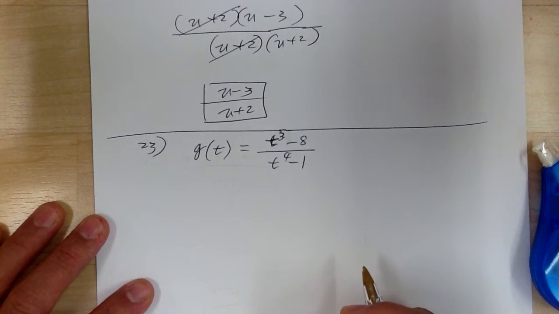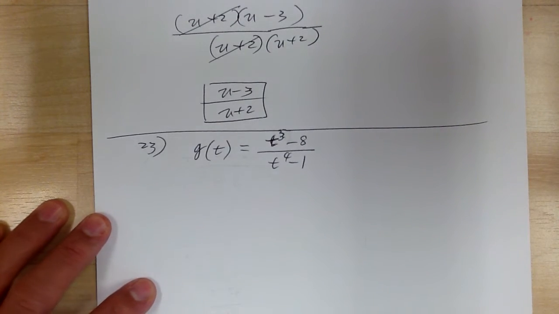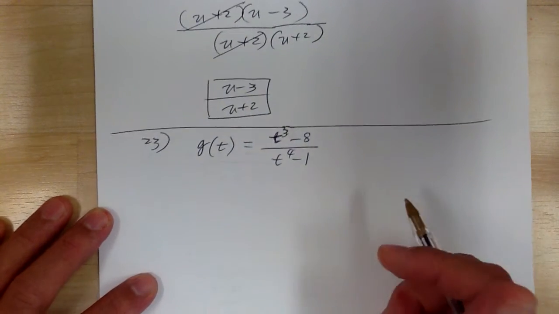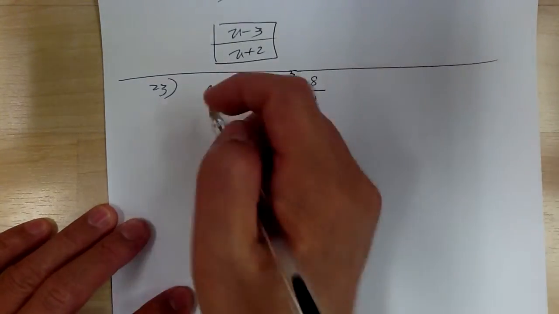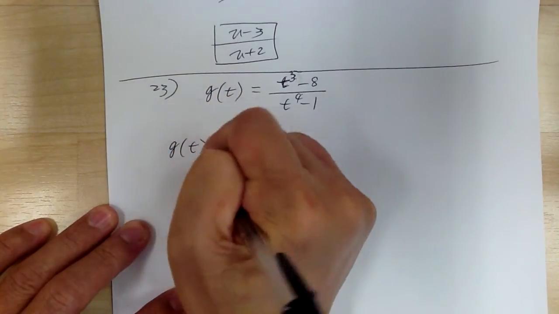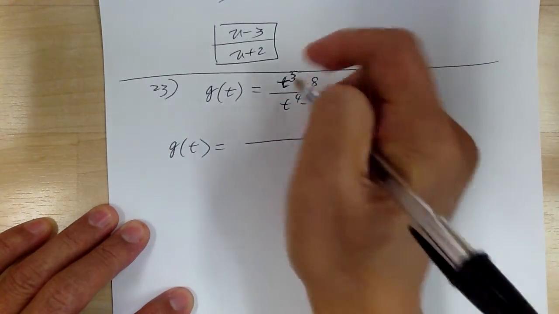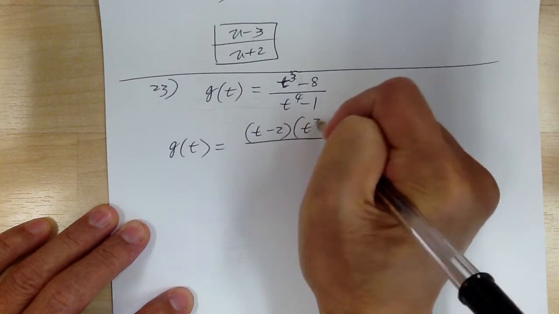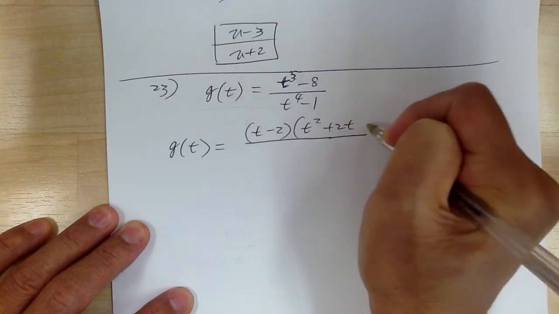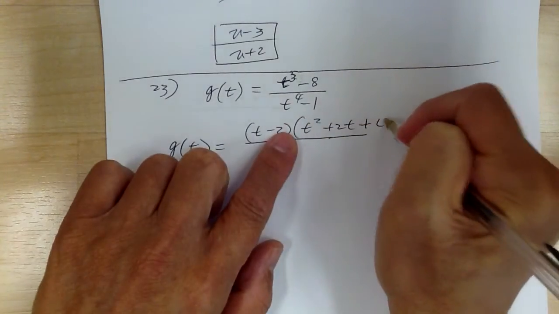So this one you're looking for the domain and you're looking for the zeros. Okay. So before you do any of that, let's go and do all the factoring first. So g of t, you need to know how to factor the cube. So this becomes t minus 2, and you're going to get t squared plus 2t plus 4.